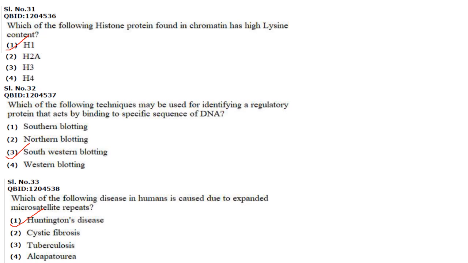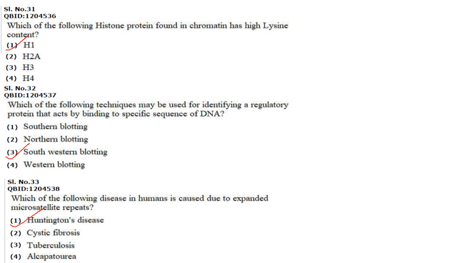Now they have asked us the technique that is used for identifying a regulatory protein that acts by binding to specific DNA sequence. So what they meant in the question was which technique may be useful to study DNA protein interactions. So the answer here is southwestern blotting.